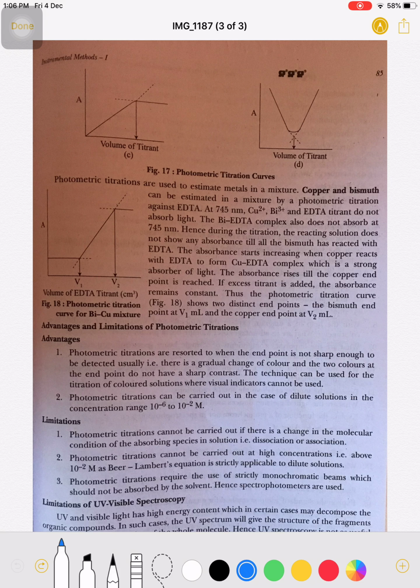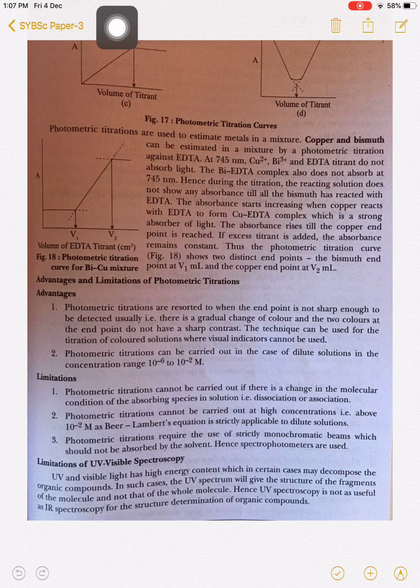The third limitation is that photometric titrations require strictly monochromatic beams which should not be absorbed by the solvent. Hence, spectrophotometers are used here. So these are the advantages and limitations of photometric titrations.